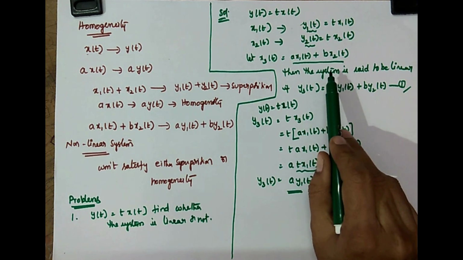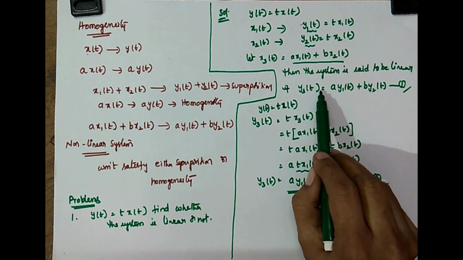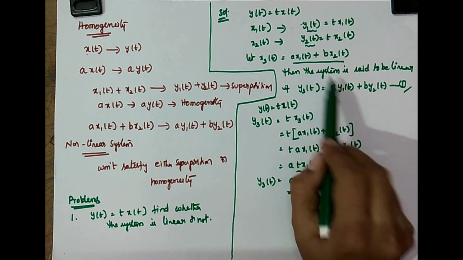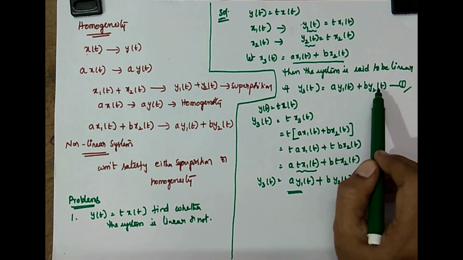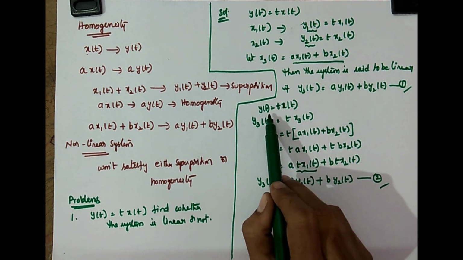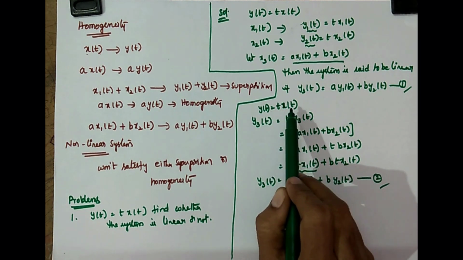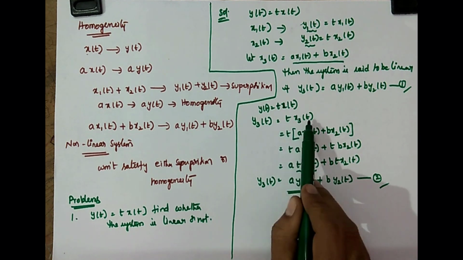Then generally for a linear system, what is the output? Output is y3 of t equal to the sum of scaled versions of the outputs, a into y1 of t plus b into y2 of t. Actually, these you have to get. But you have to check here. How to check? Now consider y of t equal to t into x of t, the given function. Write y3 of t like this, t into x3 of t.